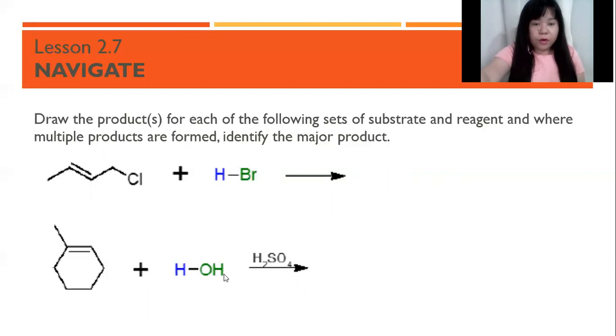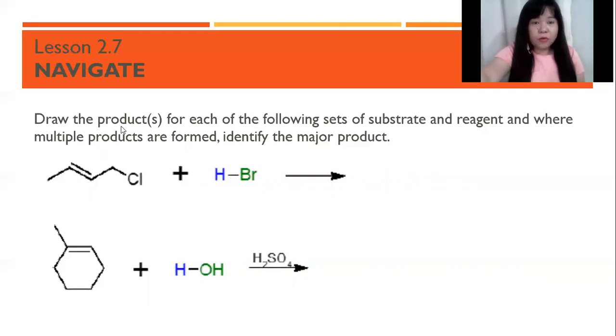Also, for this case, H would attach itself to the less substituted carbon, while OH minus would attach itself to the more substituted carbon, since H here is the electrophilic moiety, while OH minus here is the nucleophilic moiety.